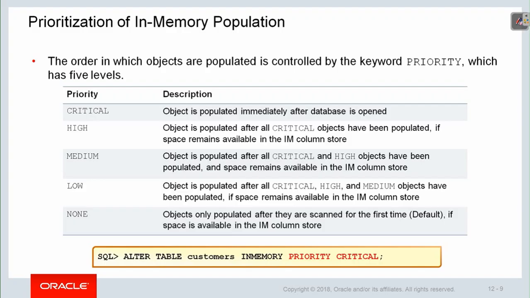But if you enable the in-memory column store at the object level with priority none, for example, then that's on-demand. Only when a user requests the object, at the time the object is accessed, the data is populated in the in-memory column store. So that's priority-based population.